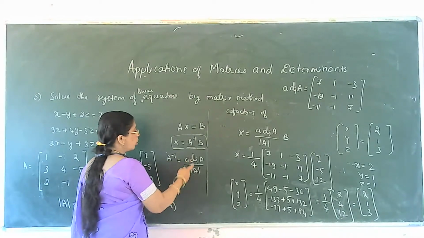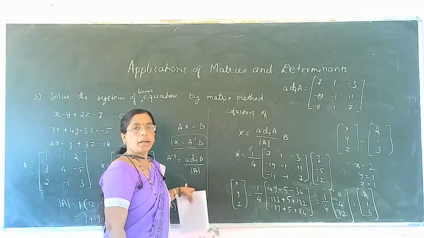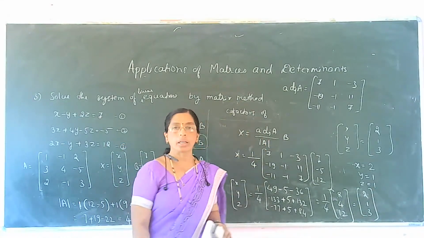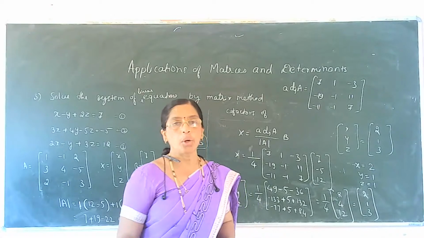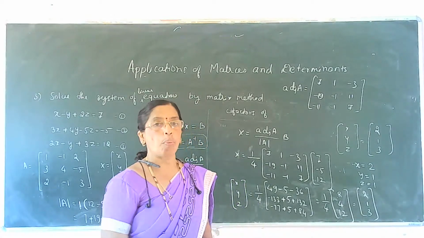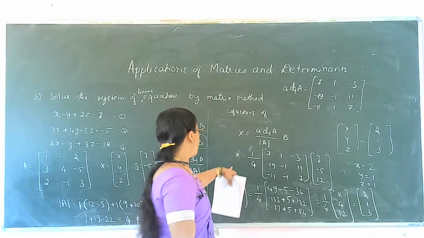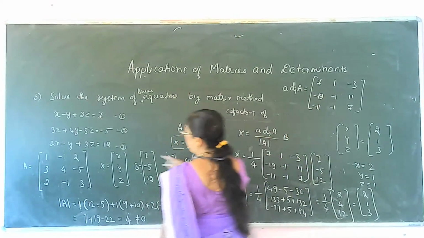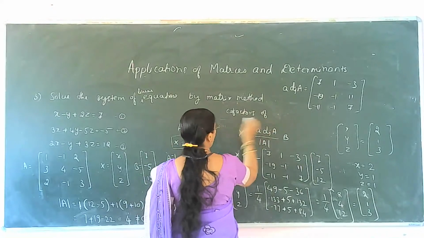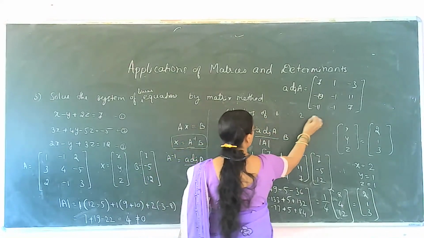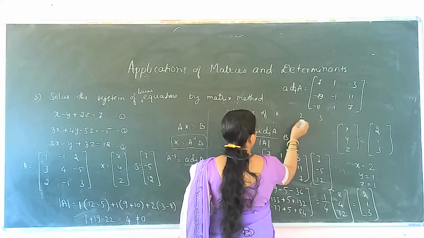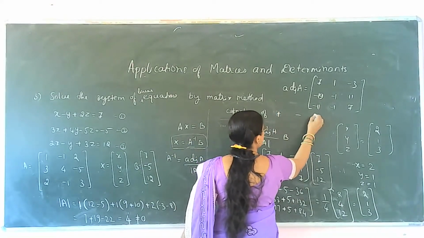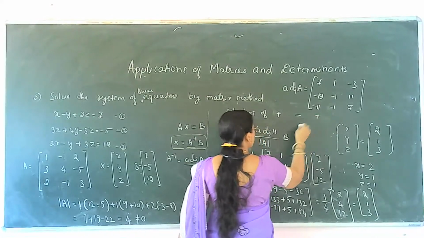A inverse is the adjoint of A divided by determinant of A. Then finding the cofactors is very important. You have to find 9 cofactors here. First, you write the cofactor of the 11th element, then 1, 2, 3 like that. First one is plus, next one is minus, then plus.